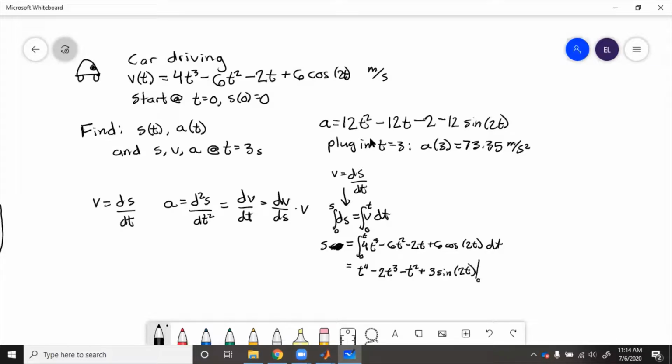This is evaluated from 0 to t. Okay, so here we use the chain rule, so the way to check it back, we do the derivative of sine is cosine, and when you do the chain rule on this, the 2 pops out, so you get 6 cosine of 2t.